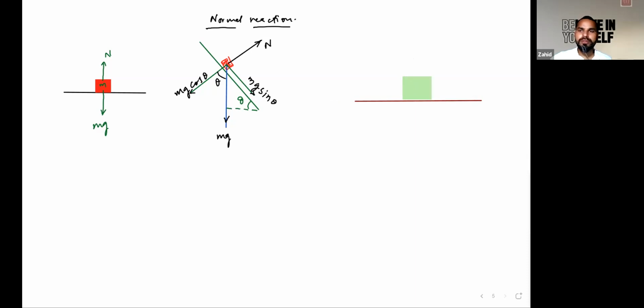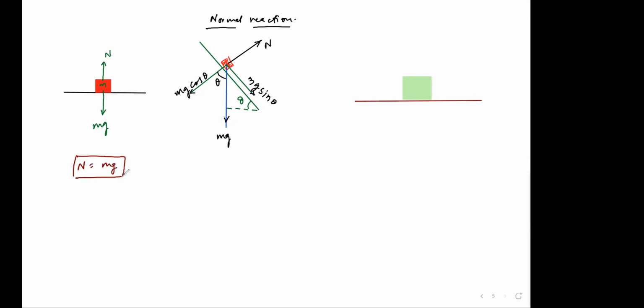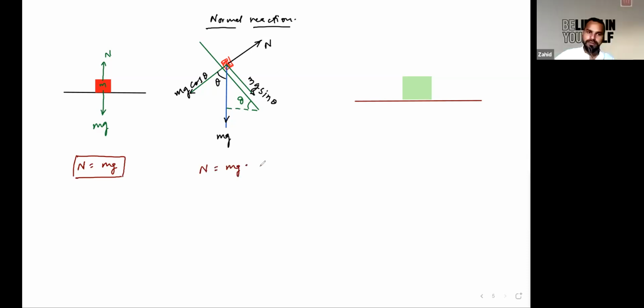Normal reaction is nothing but the force perpendicular to the surface. So you will say normal is equal to mg cos theta. Is it clear? Yes, sir. So mg is equal to normal reaction in this first part. In the second part, it will be equal to mg cos theta.